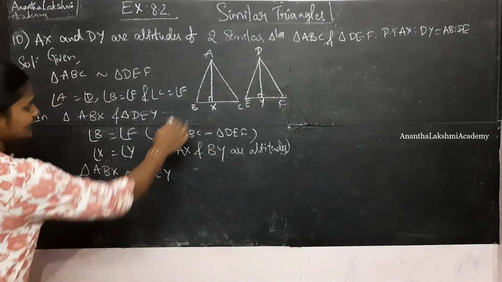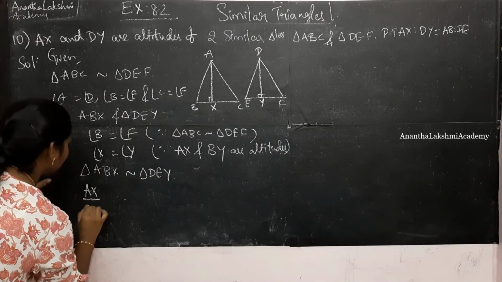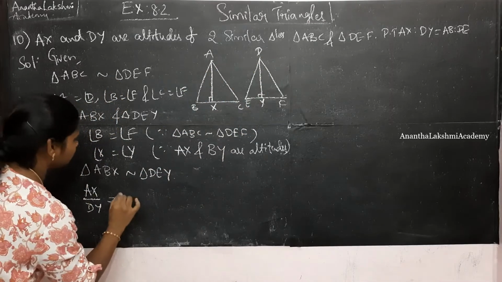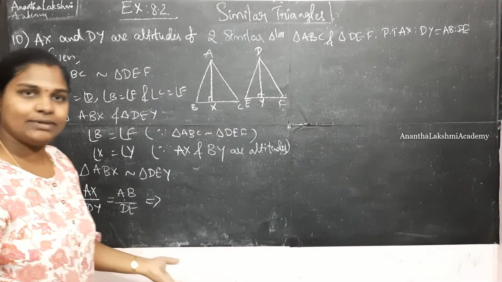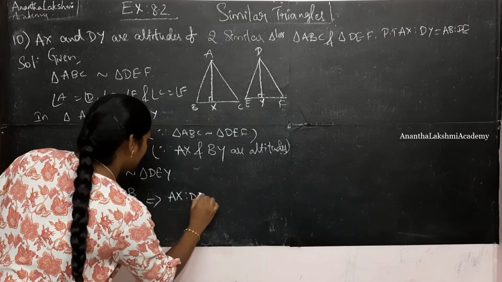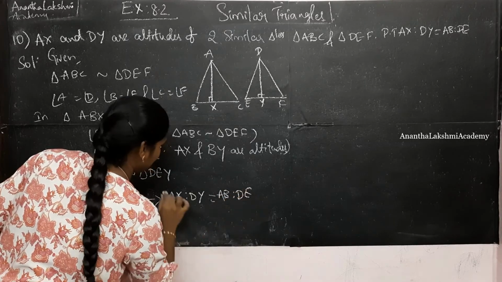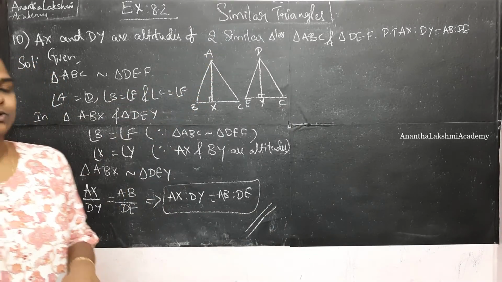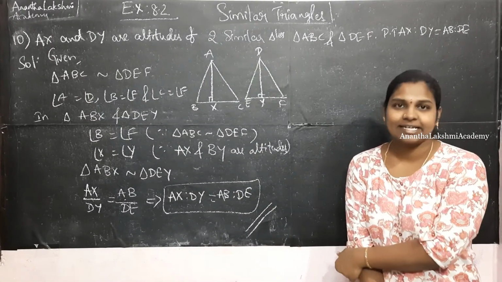So, AX by DY is equal to AB by DE. Fractions are nothing but ratios. If I write this in the form of ratios, AX is to DY is equal to AB is to DE. Hence proved. That is what we were supposed to prove. So this is about problem number 10 in exercise 8.2.